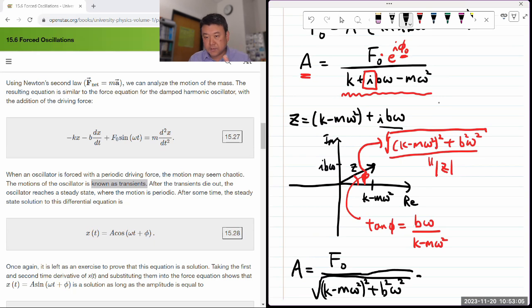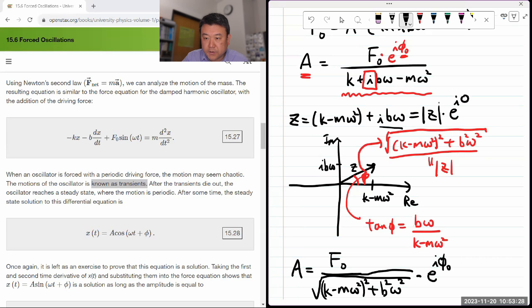And for the phase component, I have the phase of the driving signal, i phi naught, divided by this complex number in polar coordinates, absolute value of g times e to the i phi.